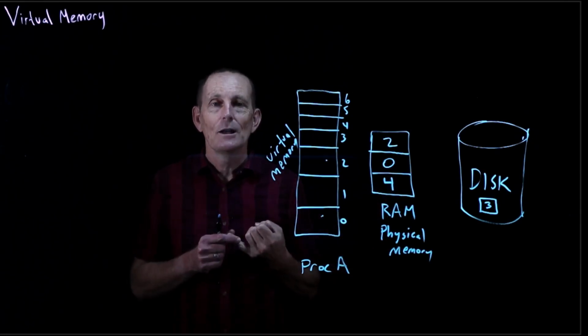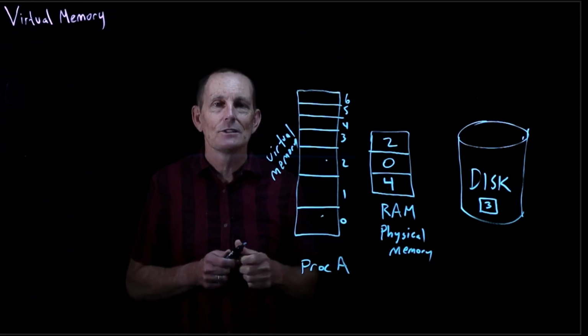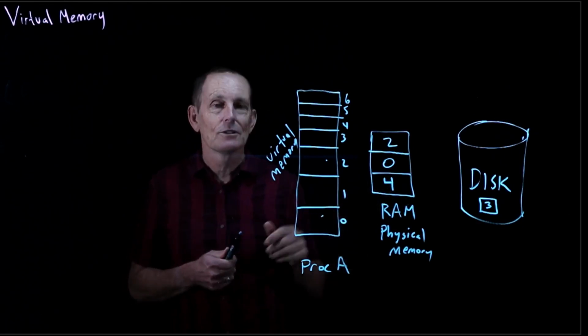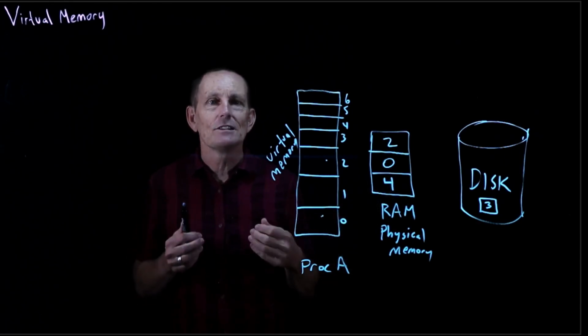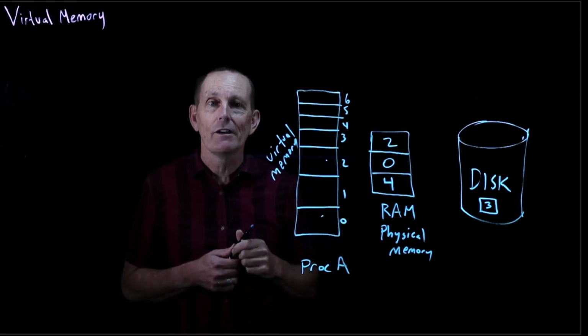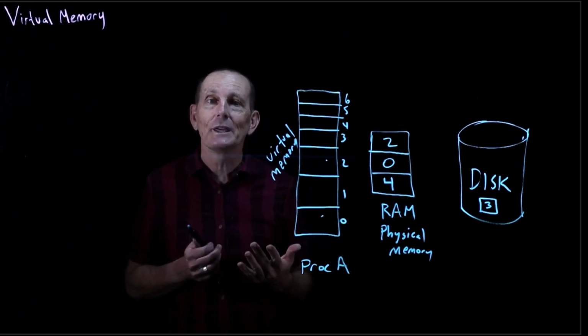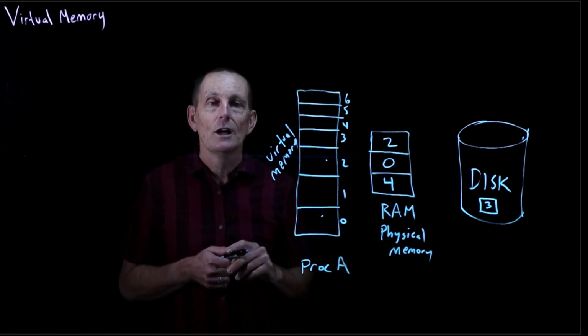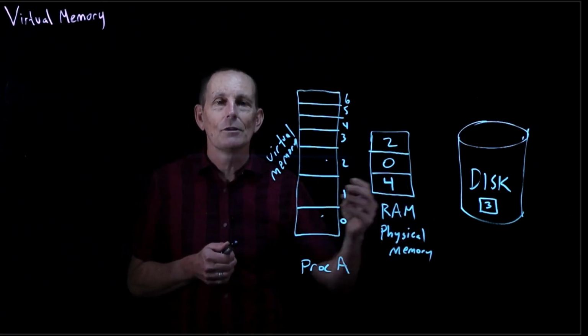So if it was a new heap page, it could be initialized with zeros. If it was a new stack page, it could be initialized with zeros. If it was a global page that's supposed to be initialized with zeros, it'd be initialized with zeros. What about a global page that's supposed to be initialized with other values from the ELF file? Could we get that information about what this should be? We could get that from the ELF file. What if this was code? We can get that from the ELF file.